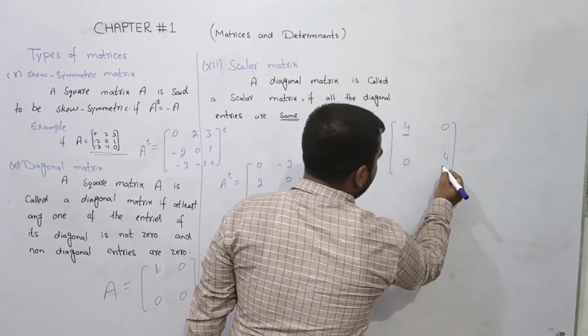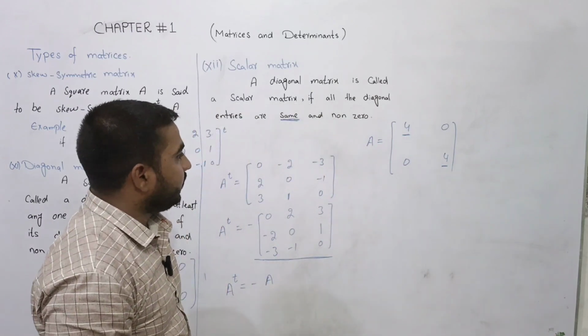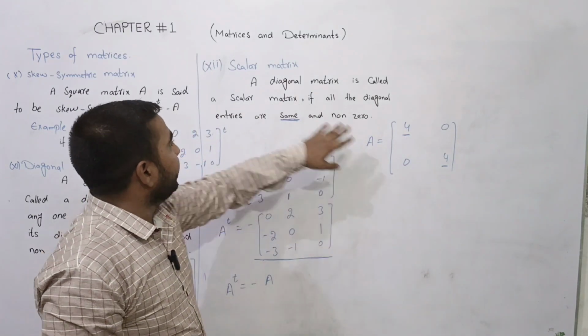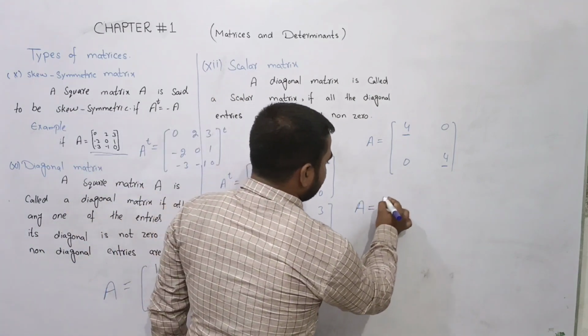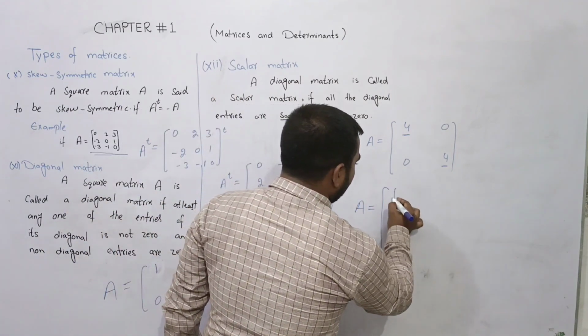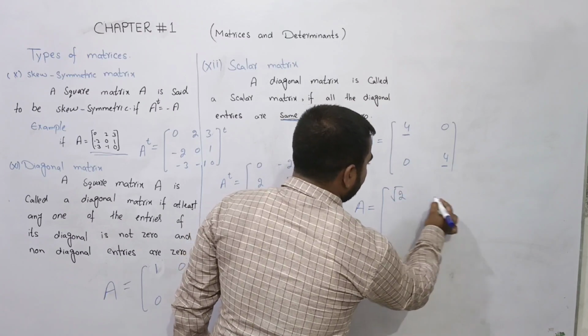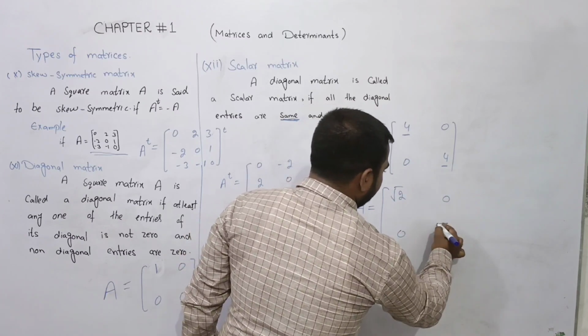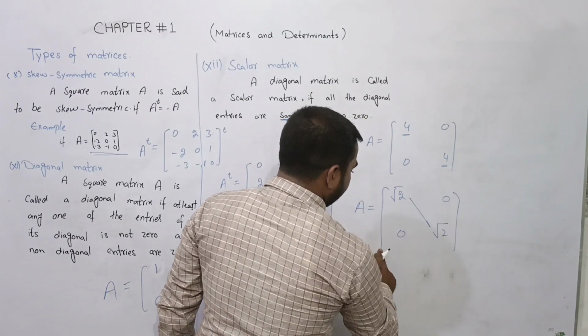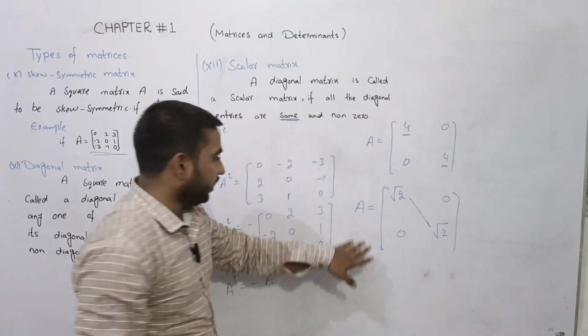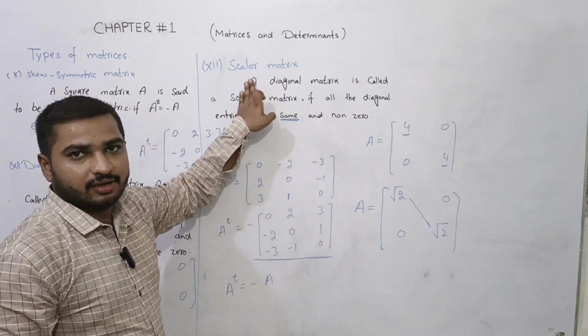These diagonal entries are the same. That is why A is known as the scalar matrix. The other example is A equal to square root of 2, 0, 0 and square root of 2. The diagonal entries are the same. That is why A is known as the scalar matrix.